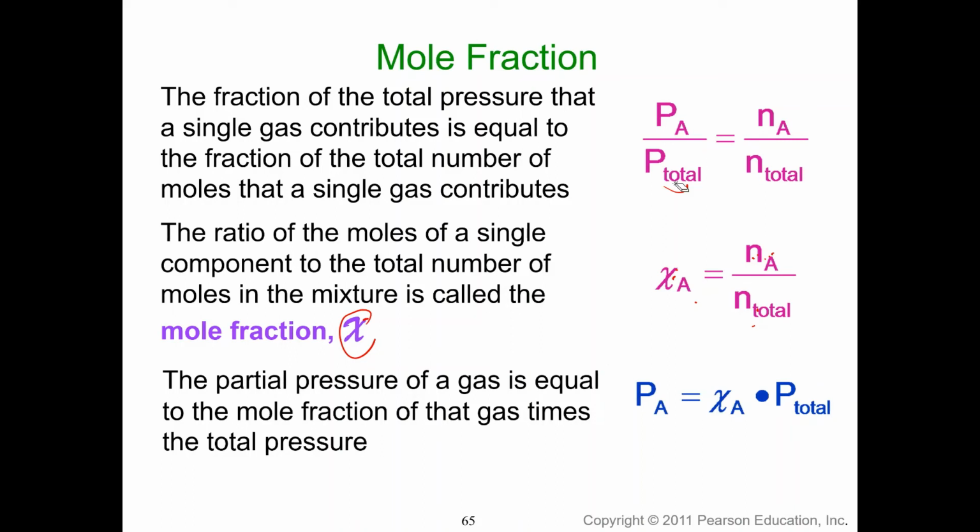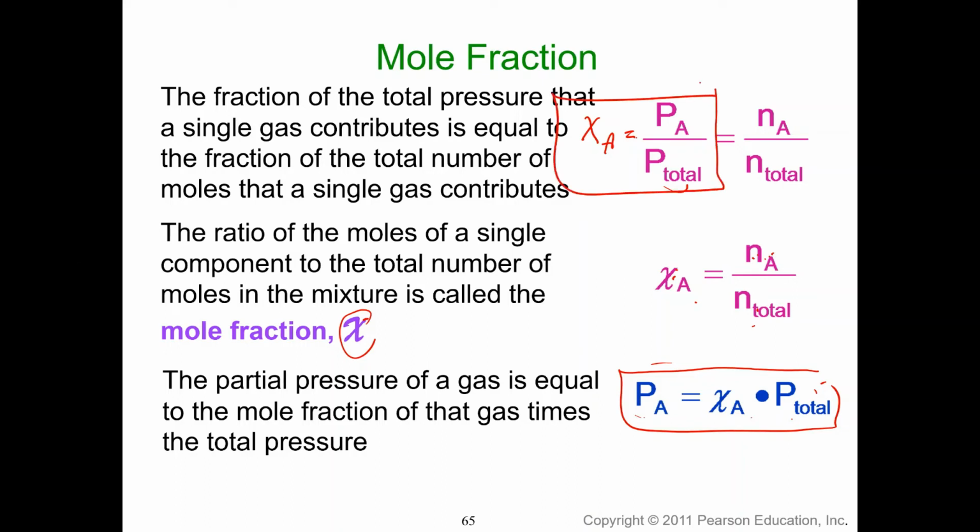Now, something interesting here is this. We are saying the partial pressure of A is equal to this. How did we arrive at this? Where do we get this from? We get this from this relationship, right? So if you do cross multiplication, that's what it means.